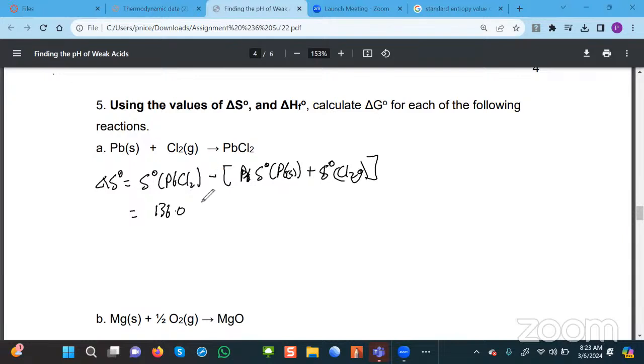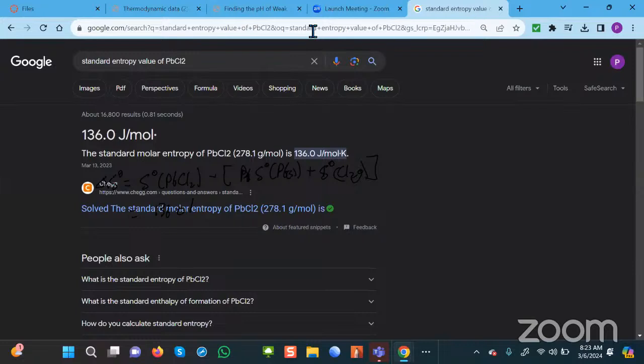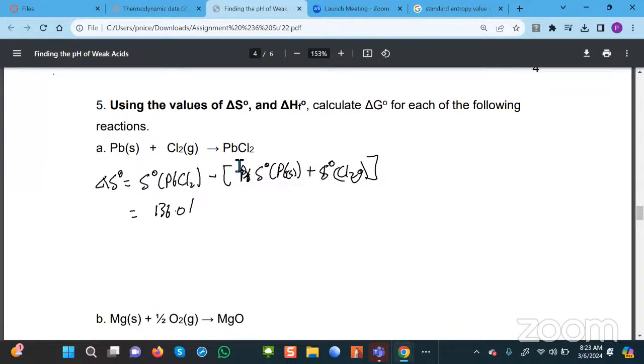136.0, and the units, of course, would be, what did they say the units were? Hold on. Joule per mole Kelvin. Okay, so this would be joules per mole Kelvin. All right.